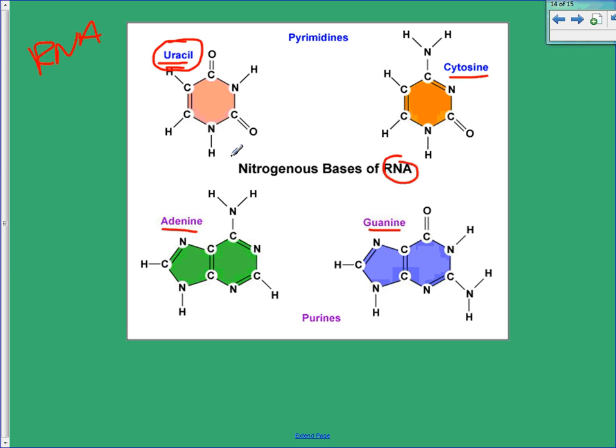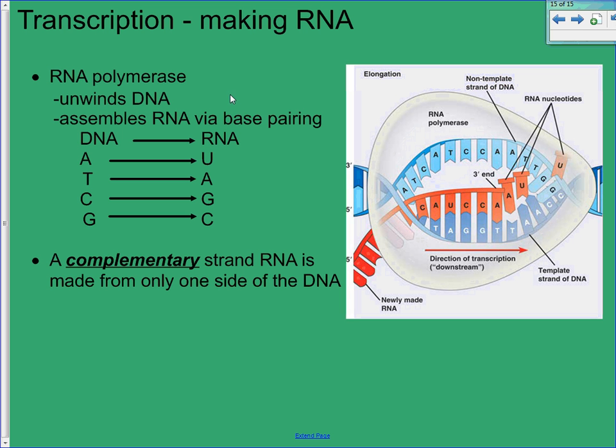There's one enzyme that's used here. It's called RNA polymerase. Again, that kind of gives away what it does. ASE means it's an enzyme. It speeds up reactions. Polymer means we're making polymers. That's the reaction that happens. And the polymer we're making is RNA. So pretty self-explanatory.